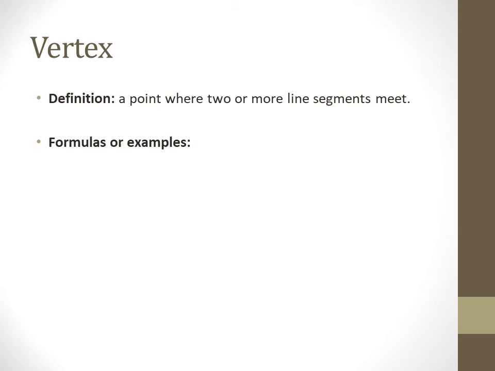Now the vertex of an angle is the point where two or more line segments meet. So you don't have to write all of these down, okay? But you see where those two lines meet in both of those examples. That is the vertex.